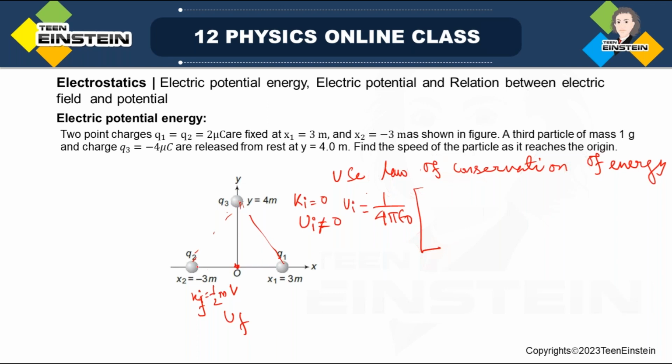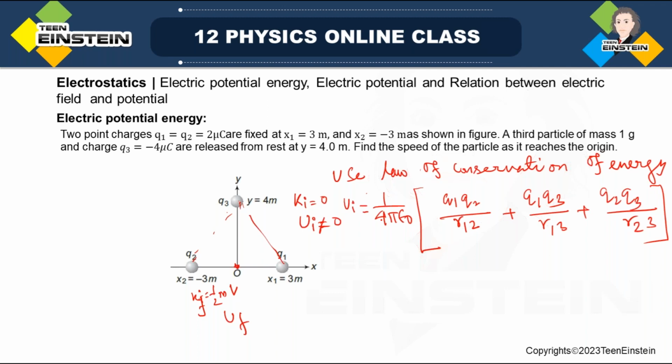The initial potential energy is Q1 Q2 by R12, plus Q1 Q3 divided by R13, then Q2 Q3 by R23. Okay, this is the potential energy initially.